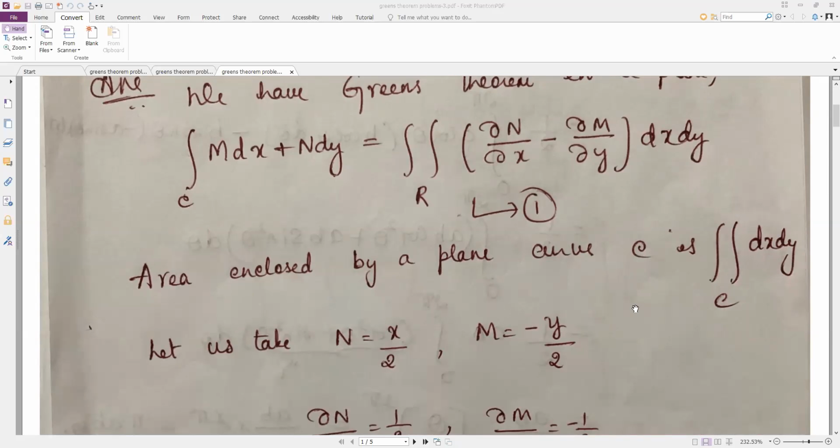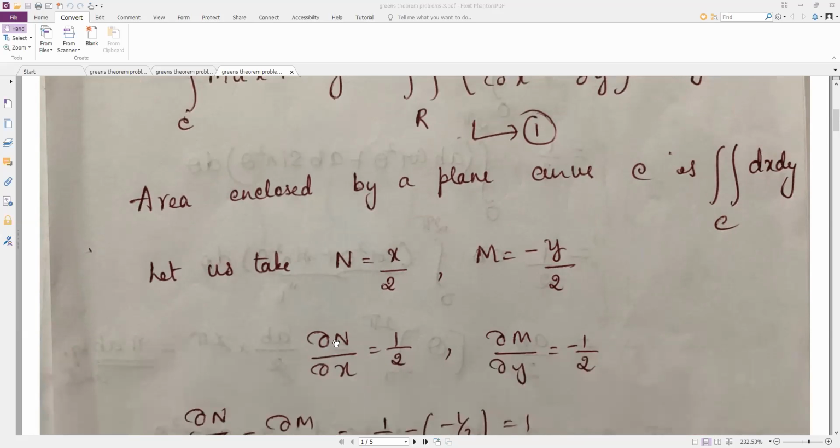Correct? Now let us take n equal to x by 2, m as minus y by 2. So this is the assumption we have made, and you need to remember this. When we take it like this, can we notice what dou n by dou x will be?